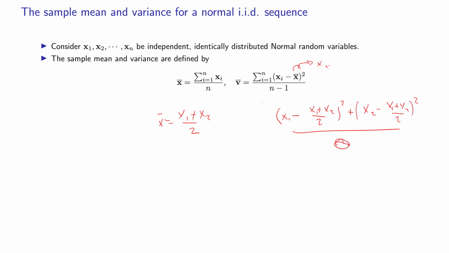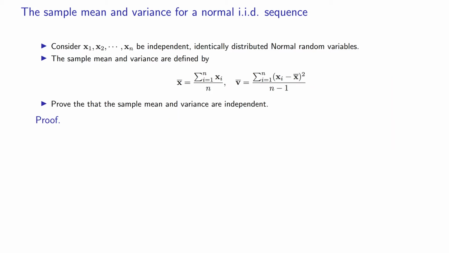What I mean is that this term becomes ((x1 minus x2)/2) to the power 2, and this term also becomes ((x1 minus x2)/2) to the power 2. So you need to divide these by n-1. If you divide by 2, it is going to be different as opposed to dividing by 1. So we divide by 1, which is 2 minus 1.